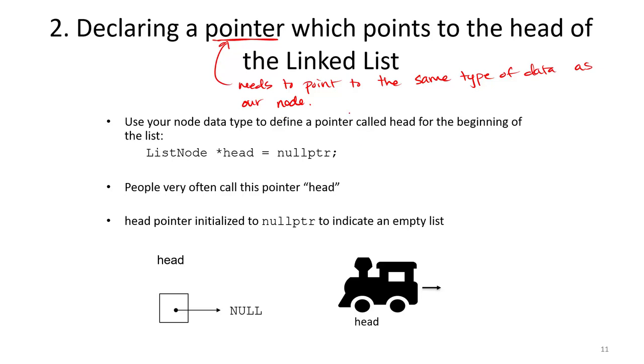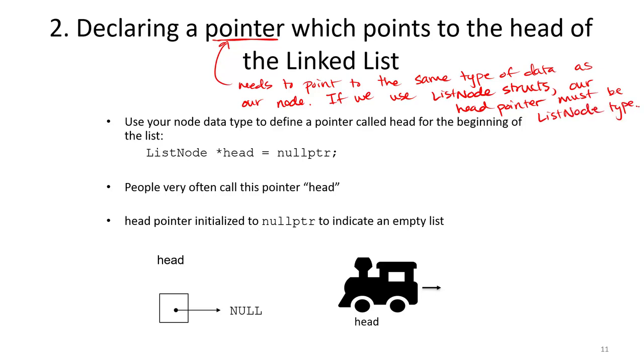So in this case, if I'm using listNode structs, then our pointer needs to be listNode type. So we see in this case, our head pointer for our example needs to be a listNode type pointer. So to declare and initialize our pointer, we use the code listNode *head = NULL.